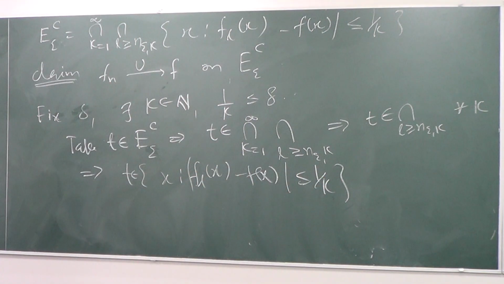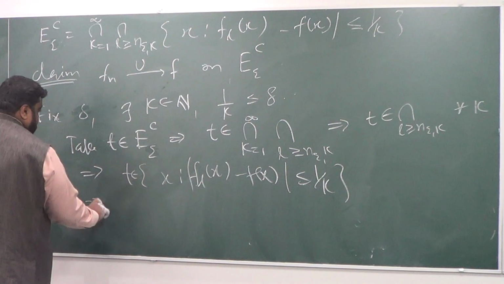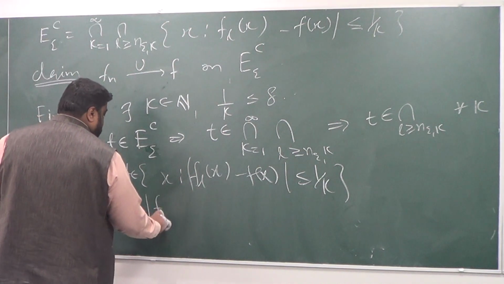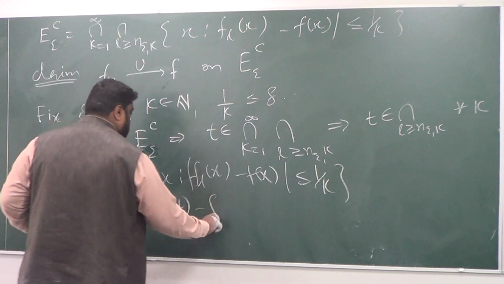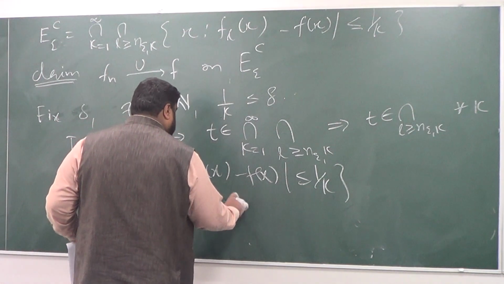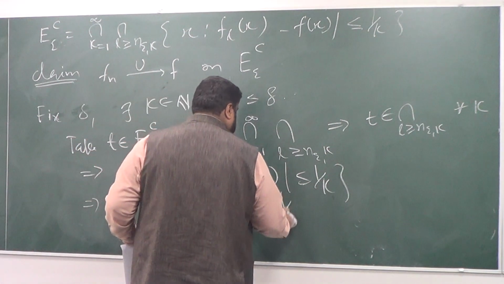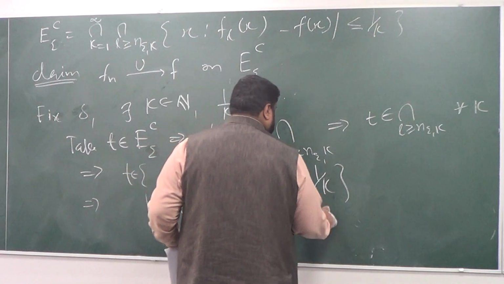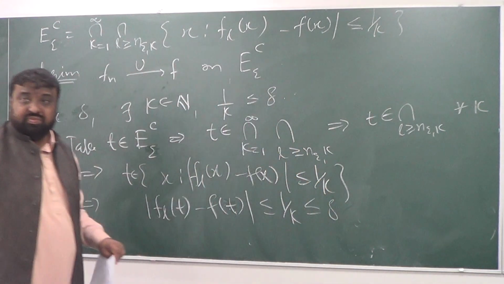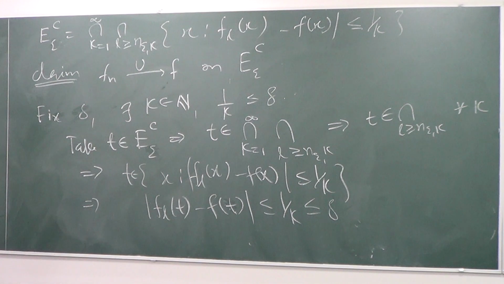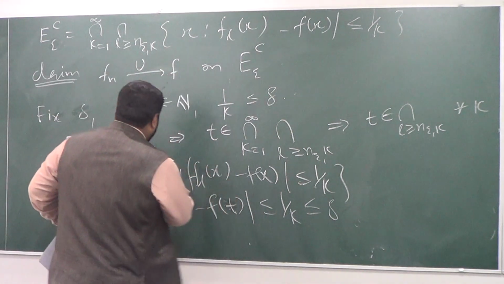Now if this is the case, think about it. What does it mean? It means that f_L of t minus f of t is less than or equal to 1 over m, and so to delta. Are you getting the point? And this is true for any t here.